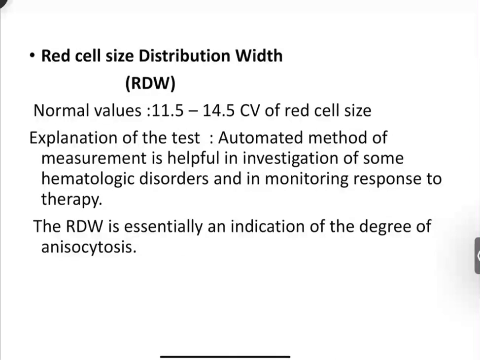RDW has a normal value of 11.5 to 14.5. This correlates to your RBC size.